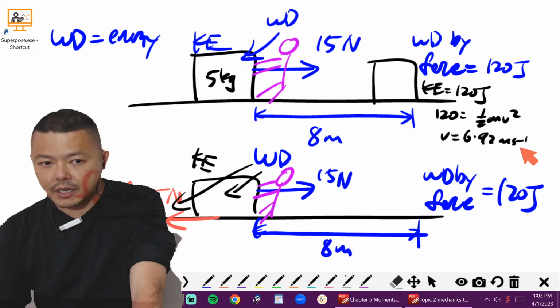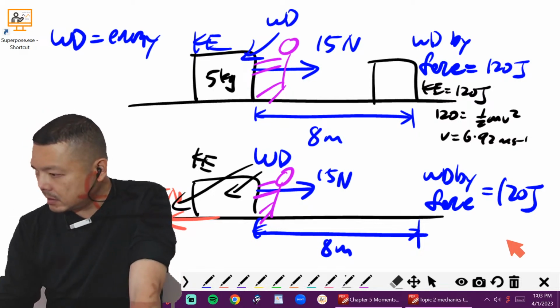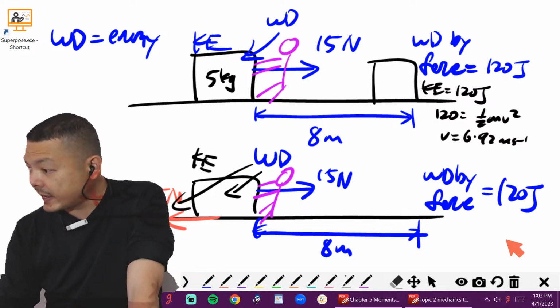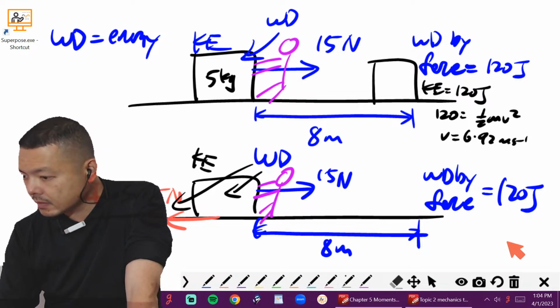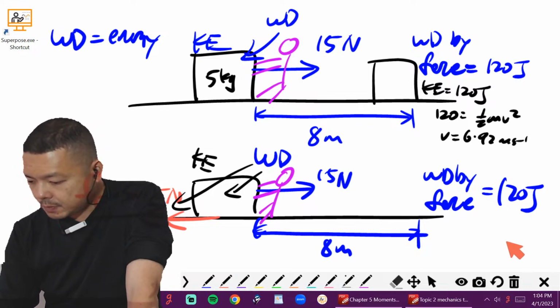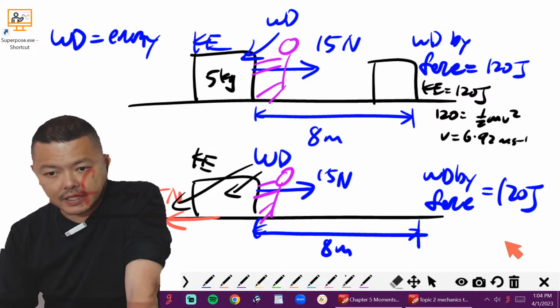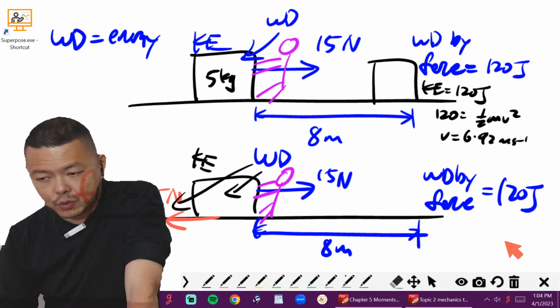I'm testing you on your kinematics, because you have a test in week 5, right? So what is the speed of the box? I'm just asking you to validate that it is 6.92 meters per second.